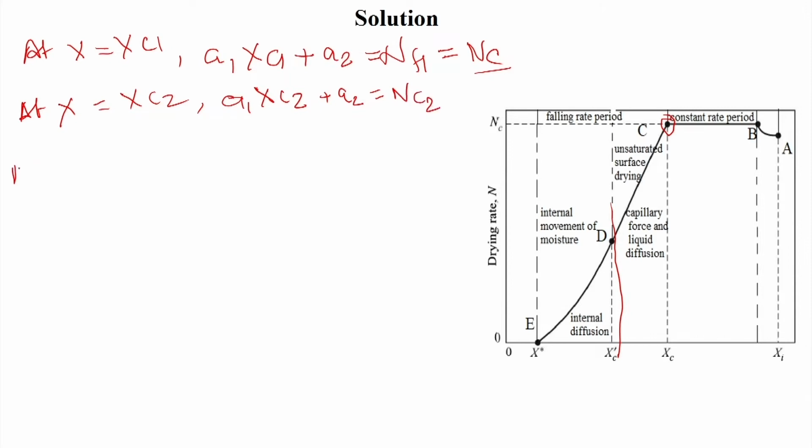Again, at x is equal to Xc2, we have NC2, the square of this moisture content, equal to beta into Xc2 square.